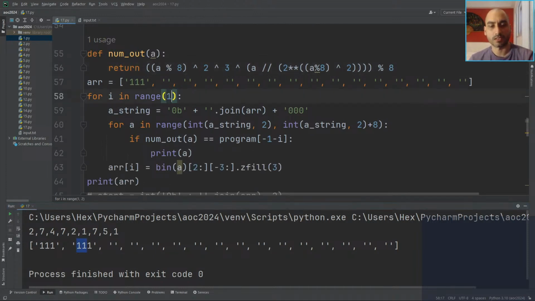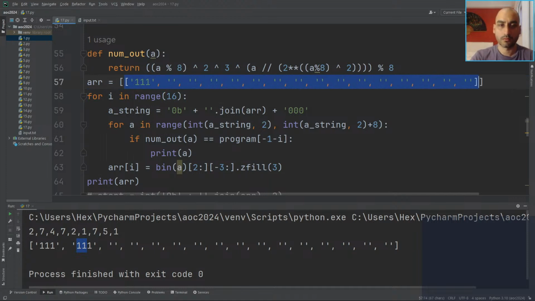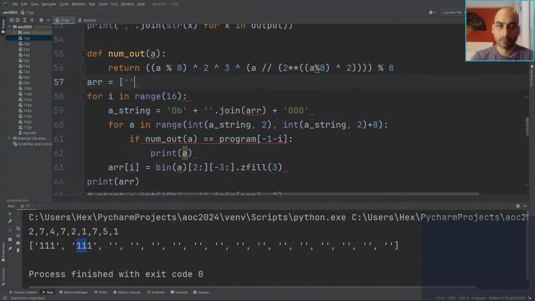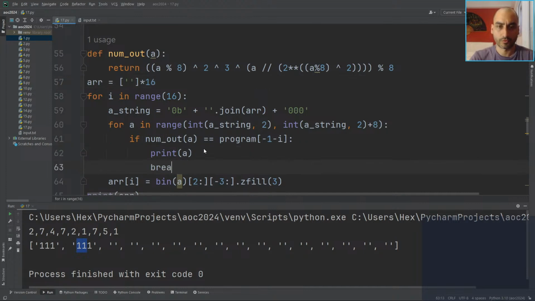It was 16. And array was... And then we did break.